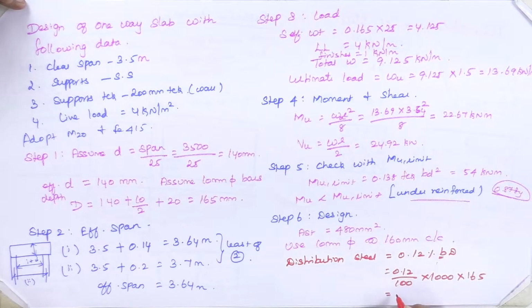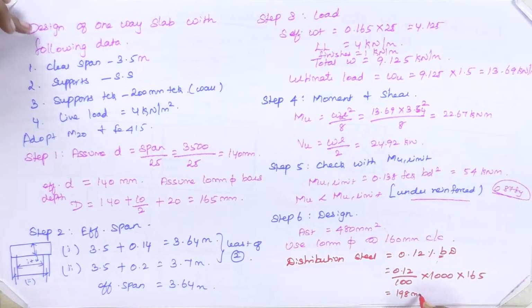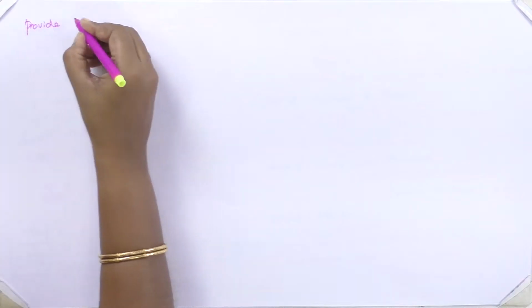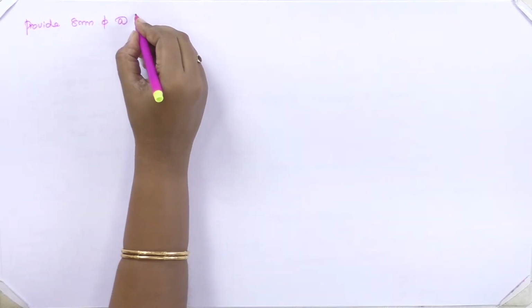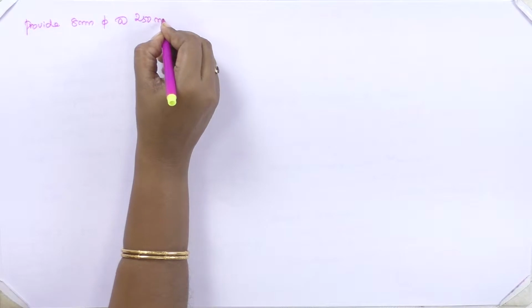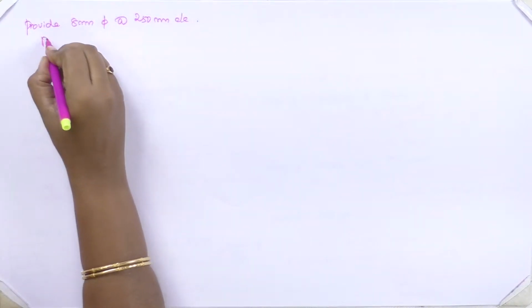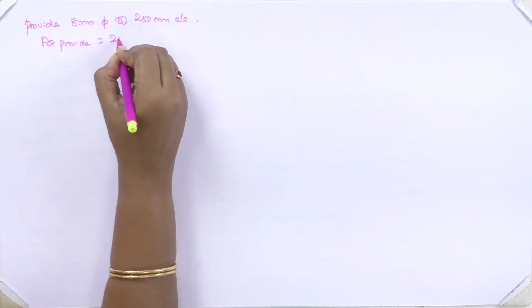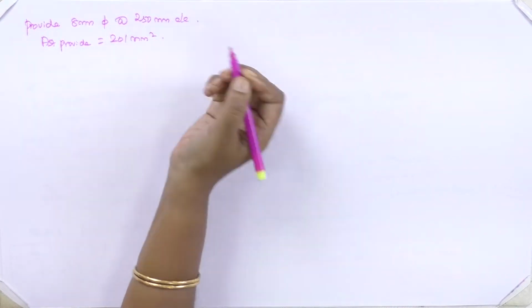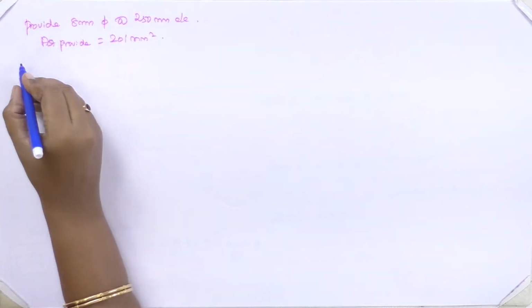So I'll get around 198 mm square. Provide 8 mm dia at 250 mm center to center. So the Ast provided will be around 201 mm square.